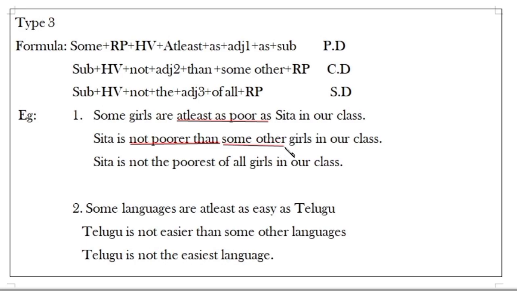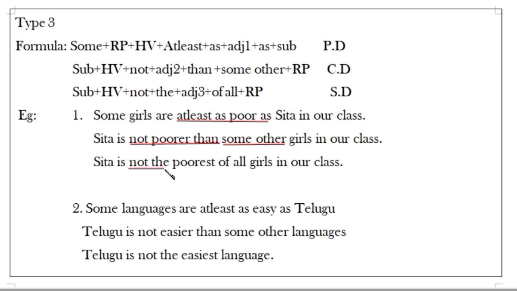Observe this sentence once: Sita is not poorer than some other girls in our class. There is no change in meaning. You have to observe that. And now the superlative degree: Sita is not the poorest of all girls in our class.